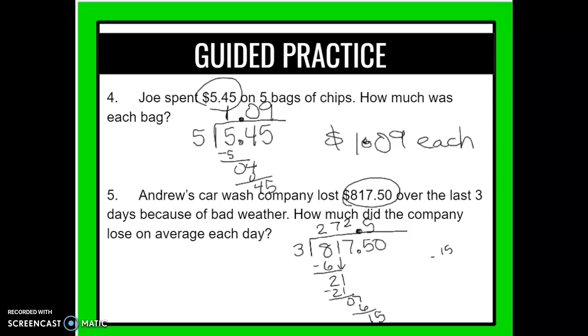And I'll subtract over here. And then I would bring down the 0. 3 goes into 0 0 times. I have no remainder, no other numbers here. So they would lose $272.50. So we can represent that with a negative, because that's how much they lost each day.